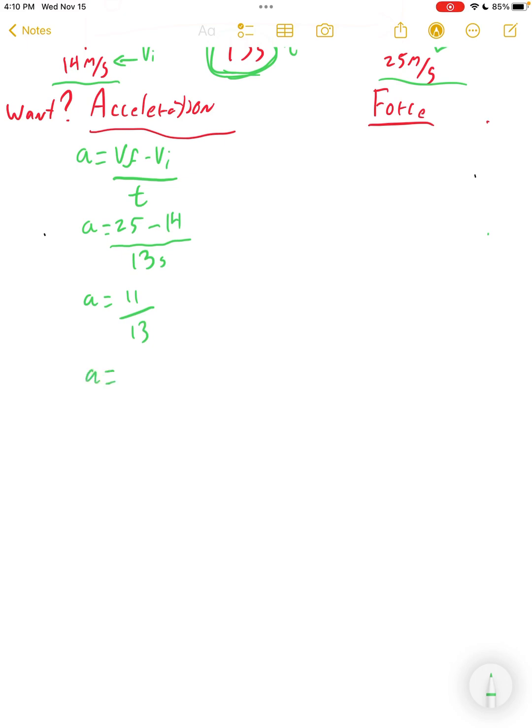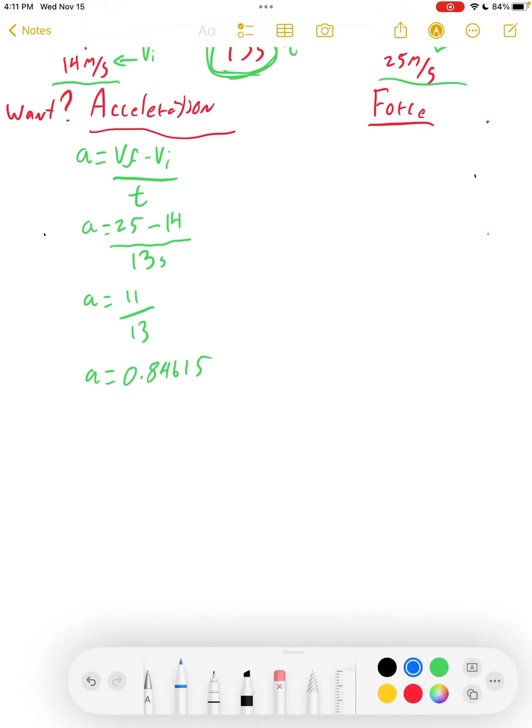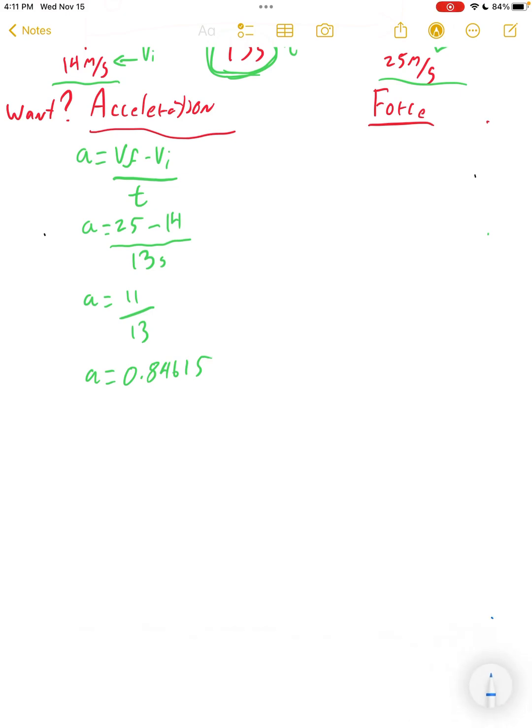So I do the math, and I get 0.84615. All right, now in my class, I'd really like you guys to round to hundredths if you get a big giant number like that. So this is tenths place, the 8, and the 4 is in hundredths place.